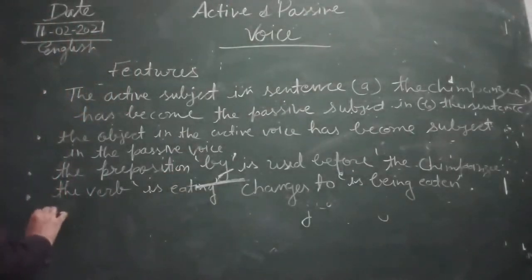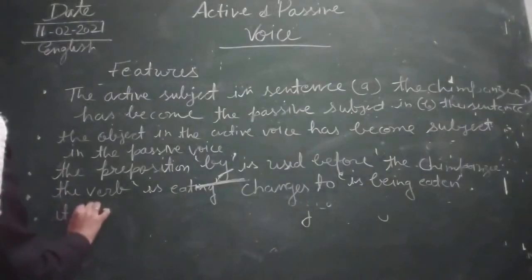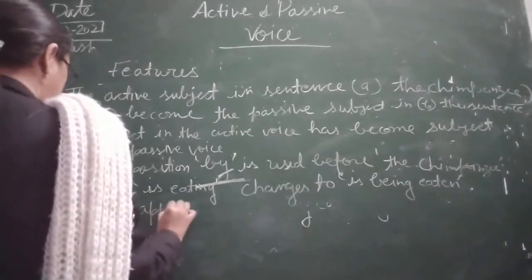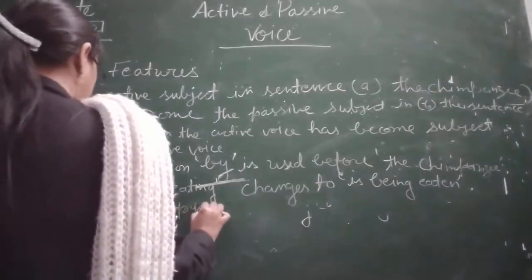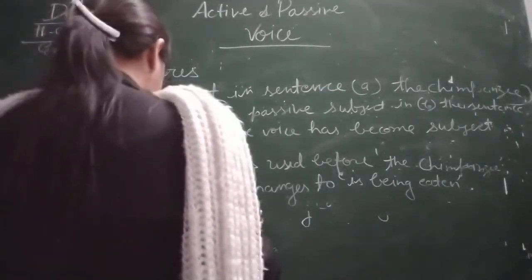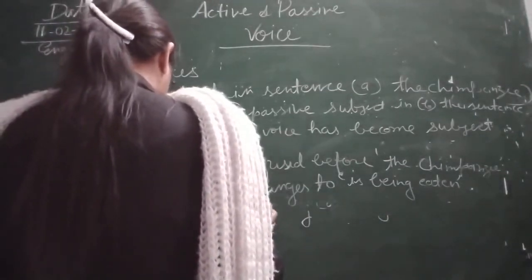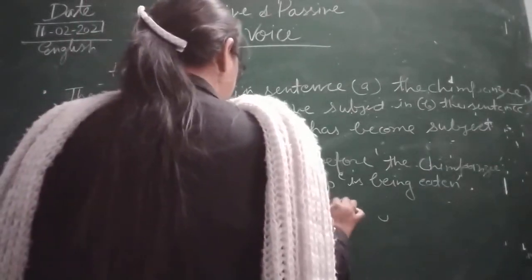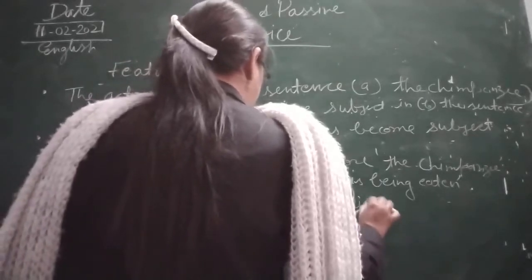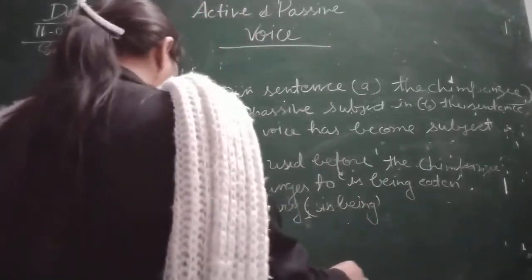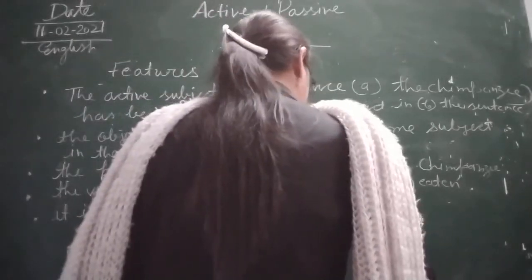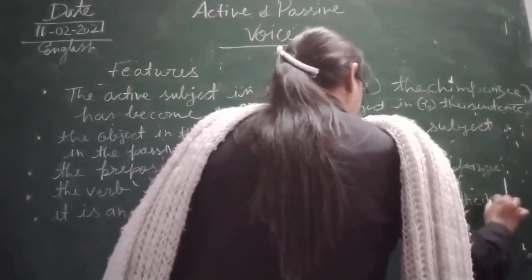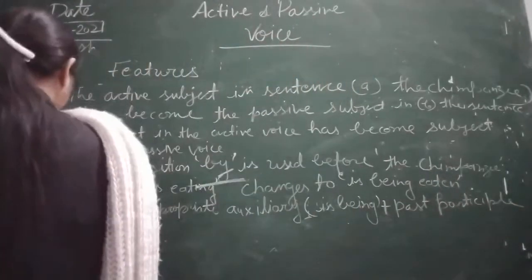Now next thing, it is an appropriate auxiliary, is being, plus past participle of verb.